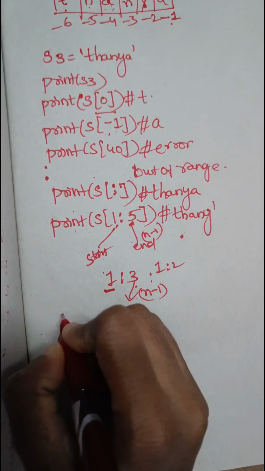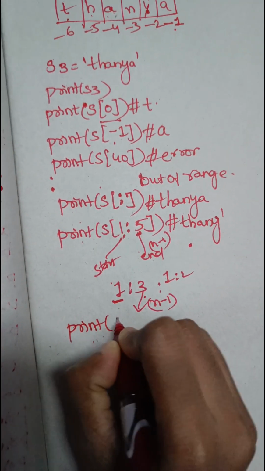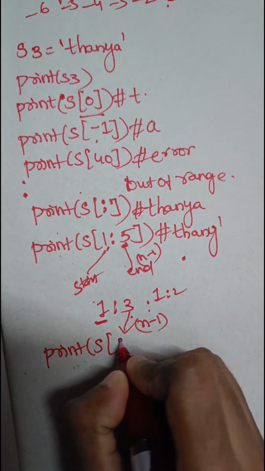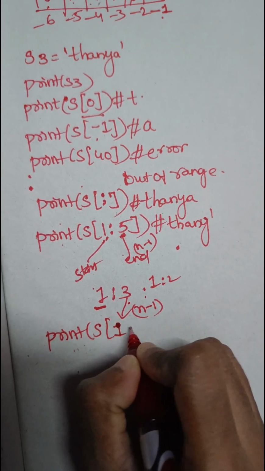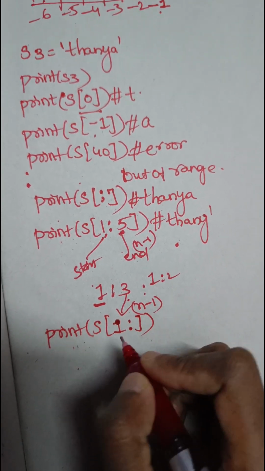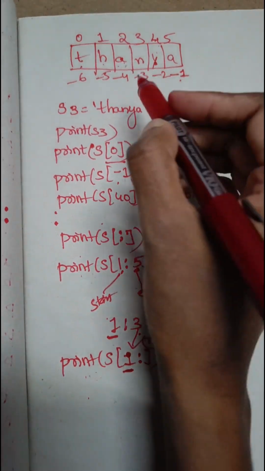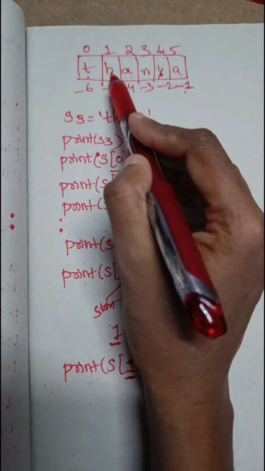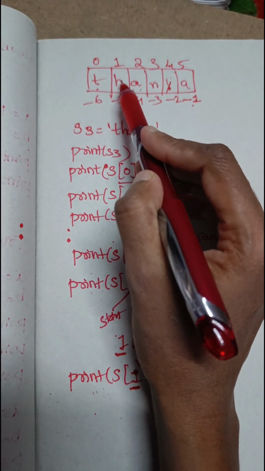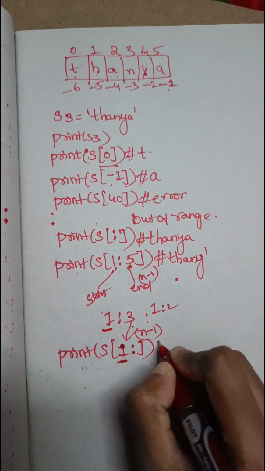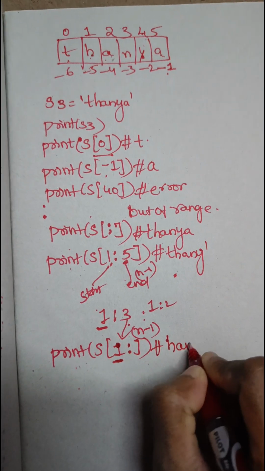There is one more case in this, that is print of S of, and you are not writing anything over here. I just kept one colon and closed the bracket. That means it should start from 1. So what is the value for 1 index? That is H, right? So it will be starting from H till the end. So the output is HANYA.